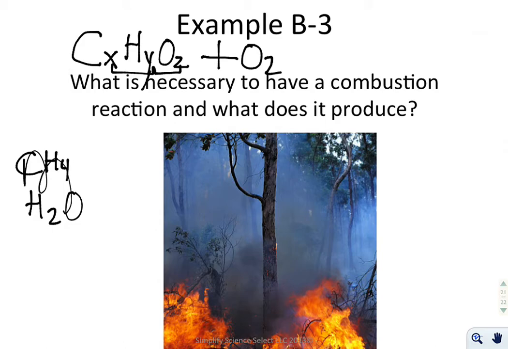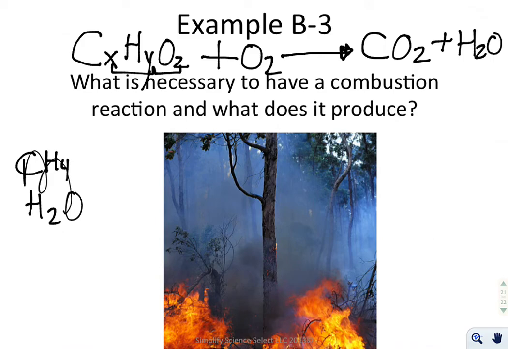You can control the temperature of a fire by increasing or decreasing the oxygen flow. The more oxygen you put in, the more it will burn. As a result of mixing these two things, you will produce some combination of carbon dioxide and water.